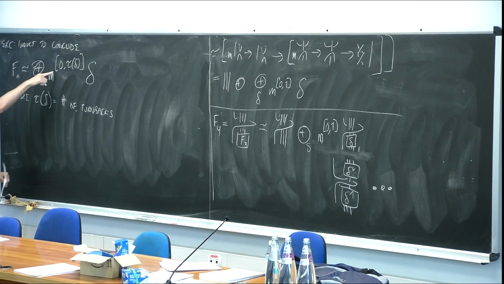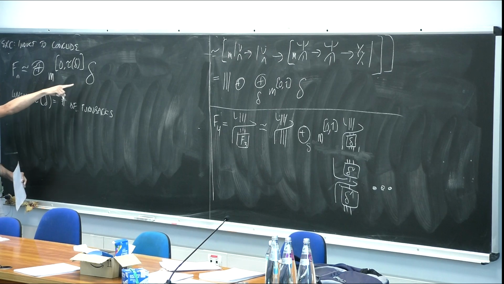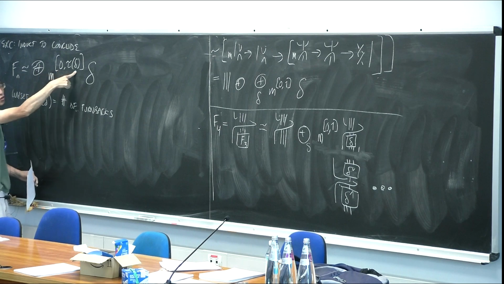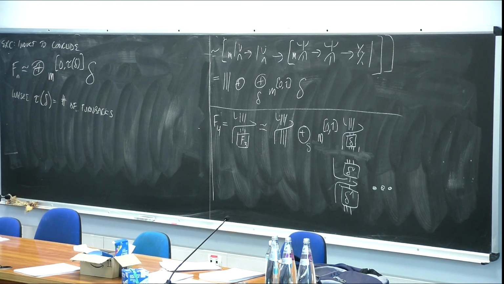There are some diagrams with, let's say, 23 turnbacks, but the M shift was 0. But the shifts are always between 0 and the number of turnbacks. I claim that next time it's going to be pretty easy to go from here and say something about when the things vanish. I apologize for going over time. Thanks, guys.